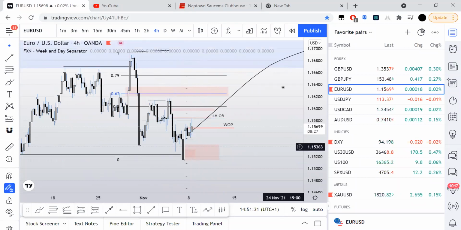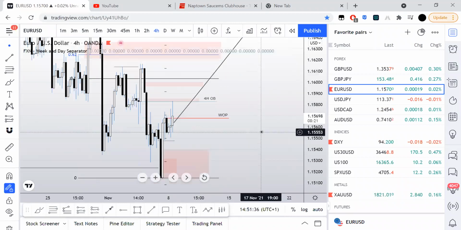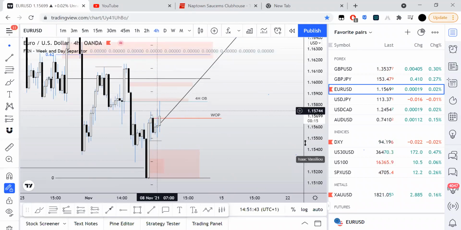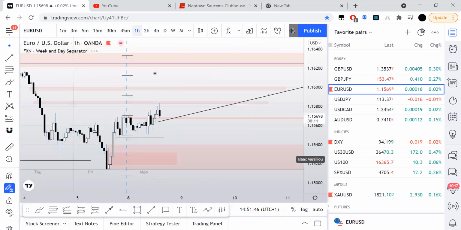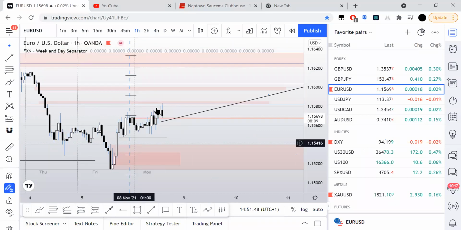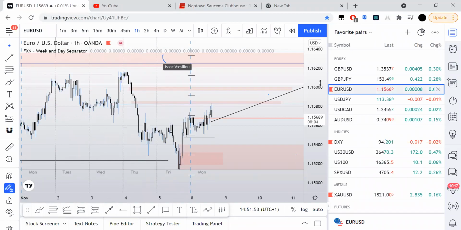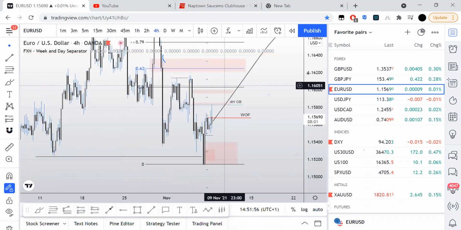It actually did tap into this 4 hour order block right here. It came into the open and got a good reaction. Hold on, let me see. I was expecting buys right here to at least get up into this premium array. And when you look at DXY, that range, I'm also looking at this.